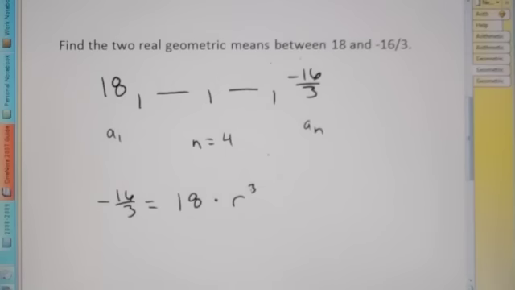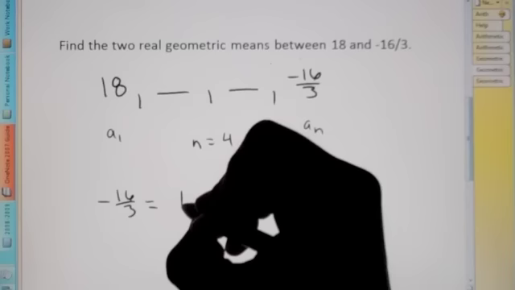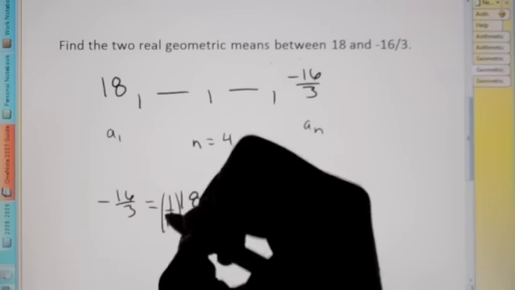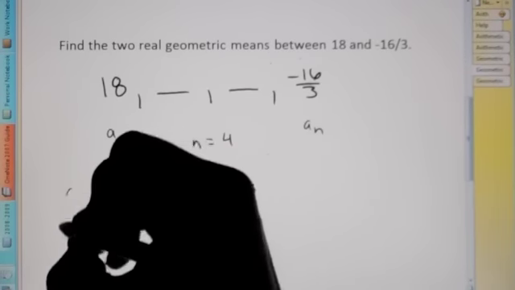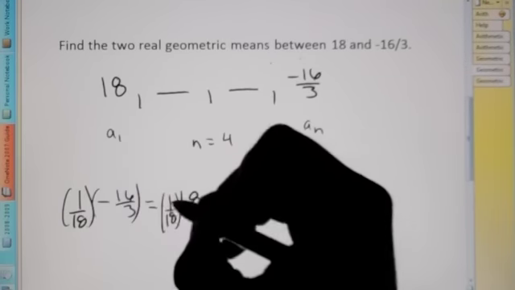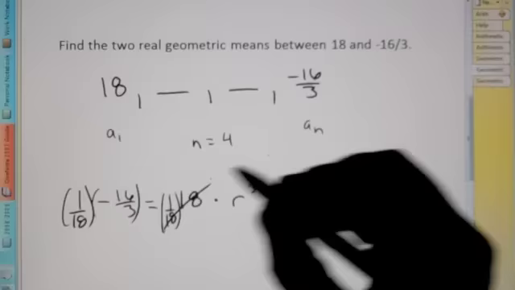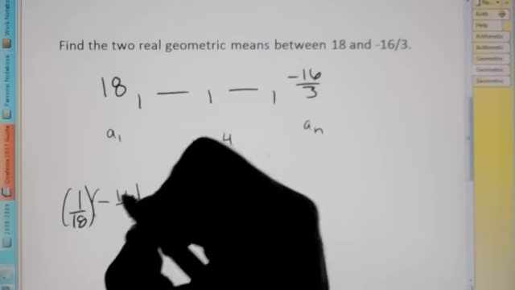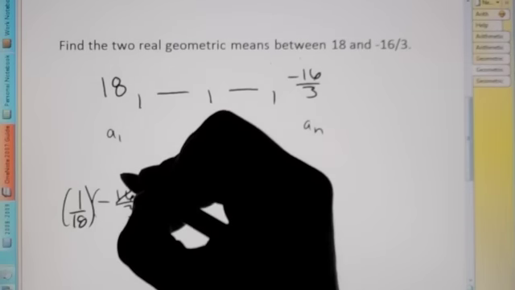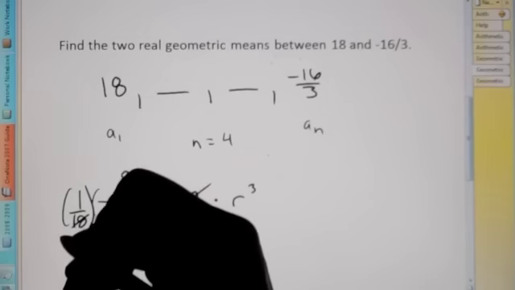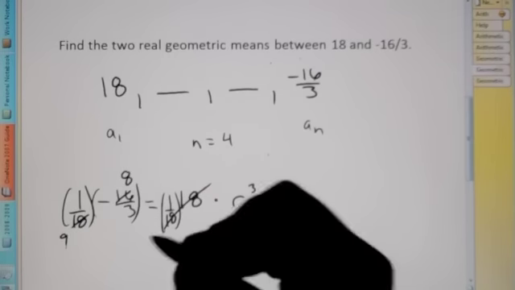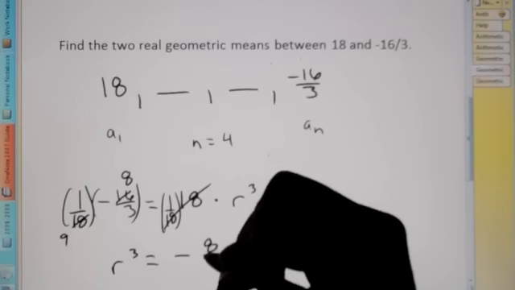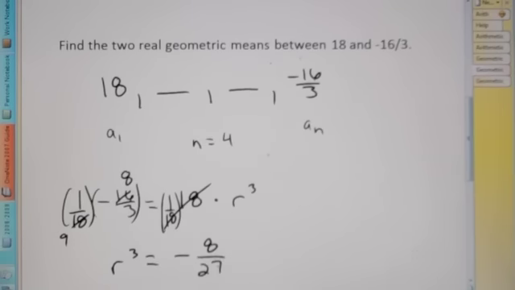Now, if you were to divide by 18, or multiply by 1 over 18, to get that out of there, notice you can reduce. 16 and 18, I can divide both of those by 2. So that becomes 8, this becomes 9. I'm left with r cubed is equal to negative 8 over 9 times 3, which is 27.